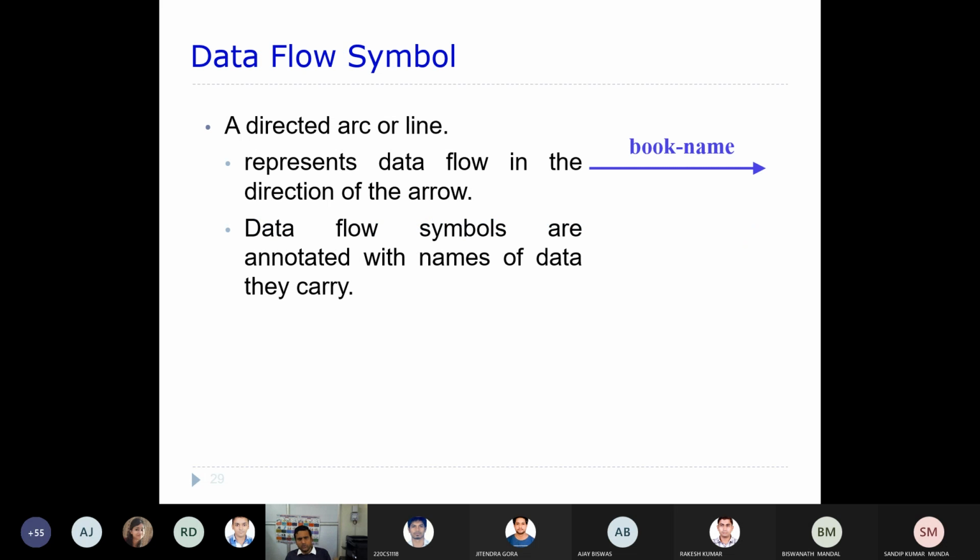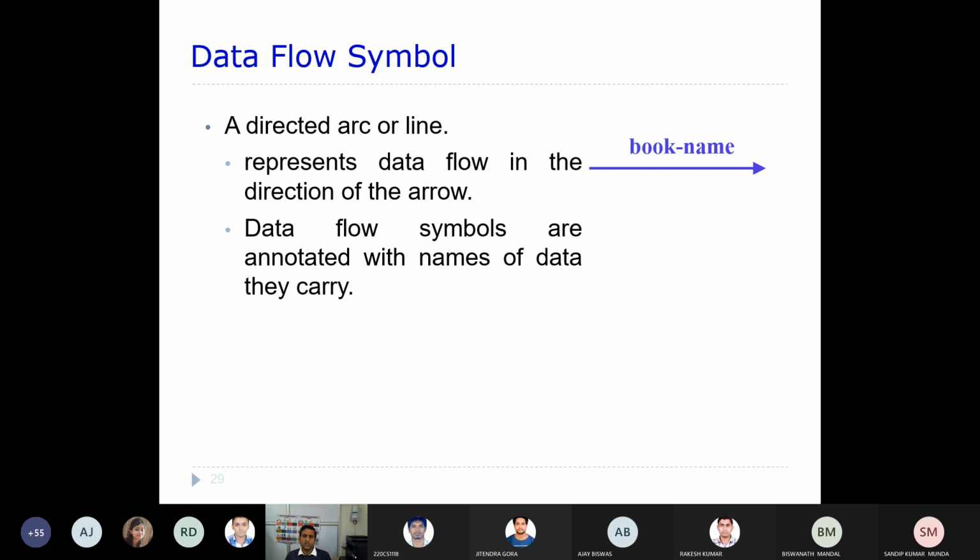Now, a data flow symbol you also have. Usually it is represented through an arrow, above which you give the data item that will be flowing. So this is exactly what a data flow symbol is. This particular arc is carrying some data, here the book name.